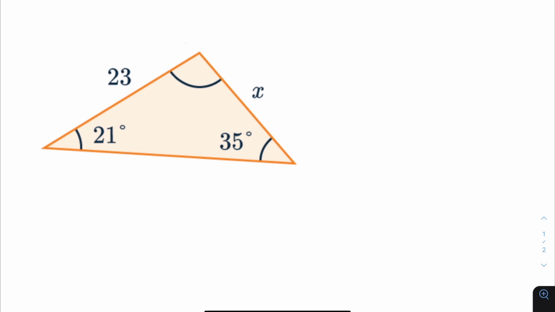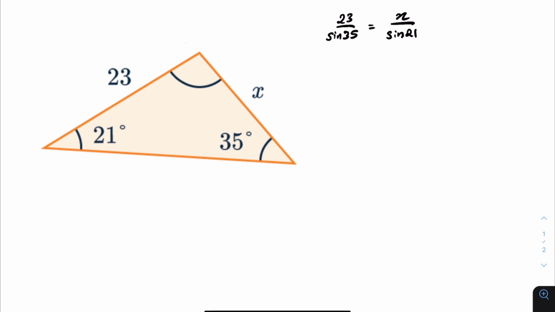We're going to start off by finding this ratio. If we remember from our equation for the sine rule, the first part is a over sine A, or sine A over a, it doesn't really matter. So that gives us 23, which is our a, over the sine of the corresponding angle, which is 35. That's equal to b over sine B. In this case, b is our side length x, which we do not know, and we're dividing it by the sine of the opposite angle, which is 21 degrees.